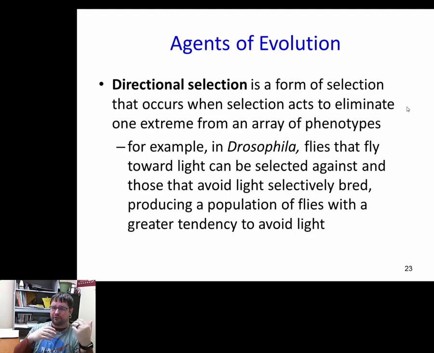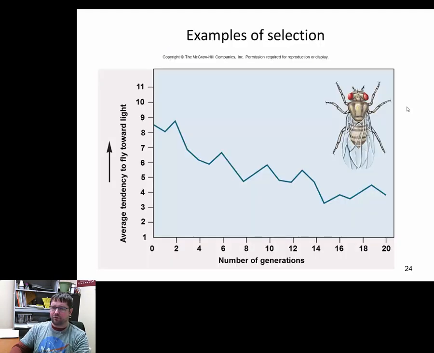And the fruit flies that don't fly to the light or avoid the light will tend to reproduce. And so over a very short period of time, you can get the average number of individuals flying towards the light to drastically decrease. So you're shifting your population, individuals flying towards the light, to individuals that don't fly towards the light. Very easily done. 20 generations. This can be done in 3 months or so, maybe 5 months max, and you can get this drastic shift of a population. So those are some examples of natural selection.